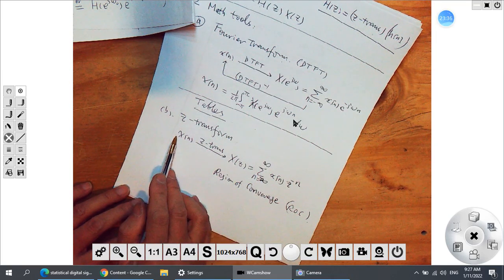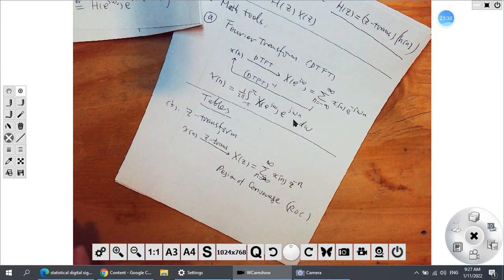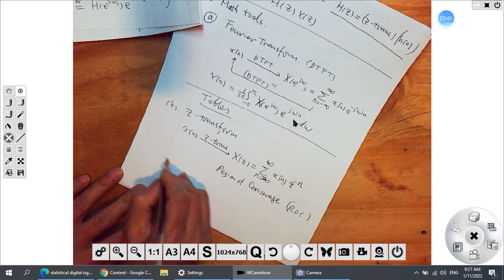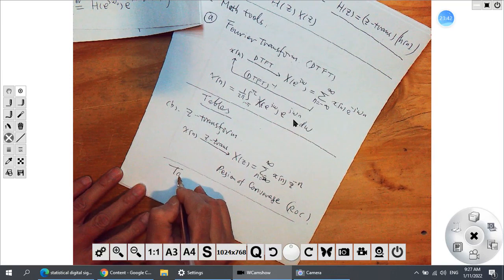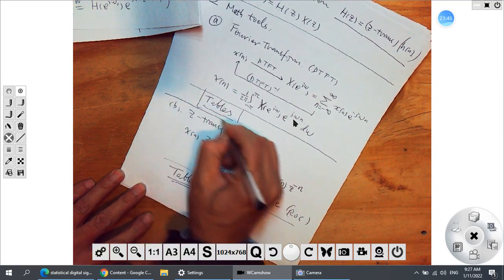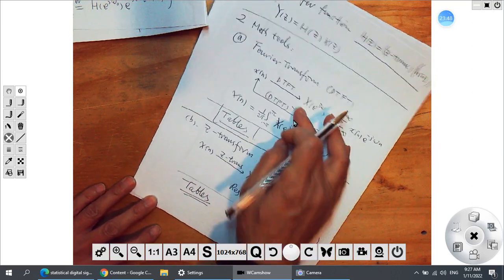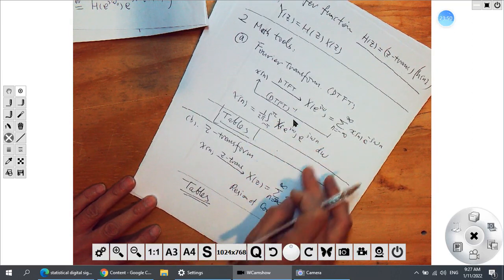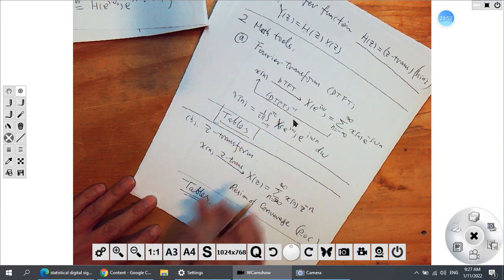You need the help of tables. So this one, we also need tables.